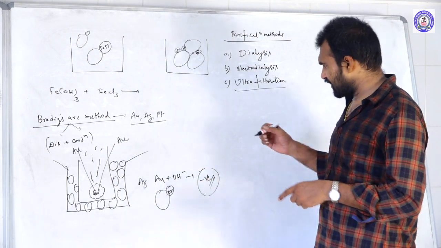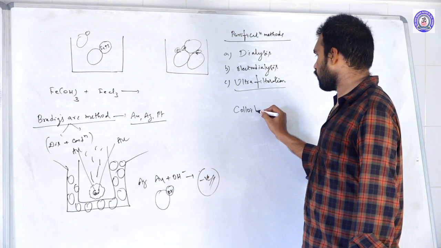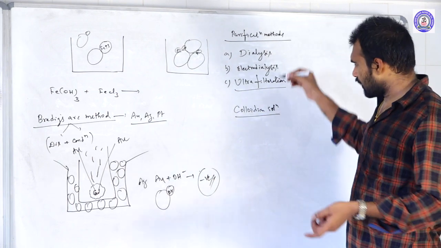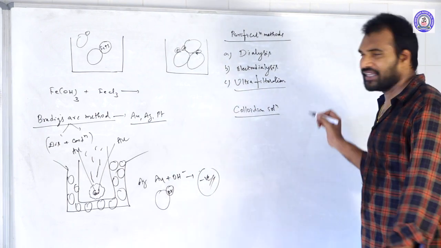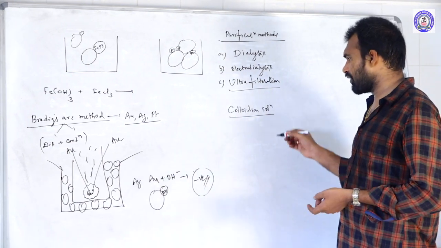Simply by dipping the filter paper in collodion solution. By dipping the filter paper in collodion, we can reduce the size of the pore. That is what we call ultrafilter paper.